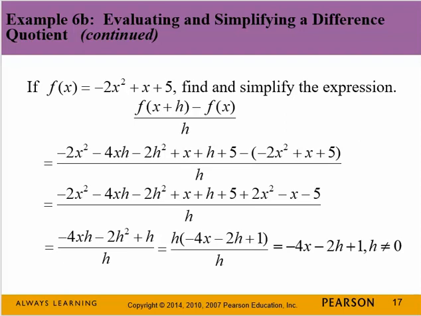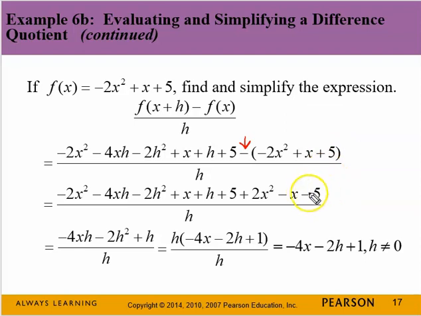So putting a negative sign right there, we just copy this down. What does this do? Well, this reverses all these signs within the parentheses. So this negative 2x squared becomes positive. The positive x becomes negative. The positive 5 becomes negative.